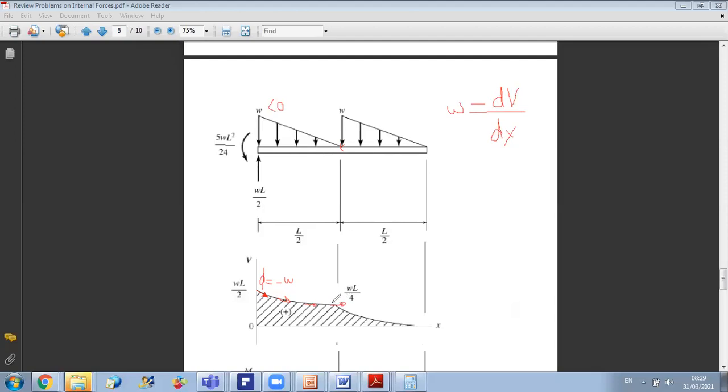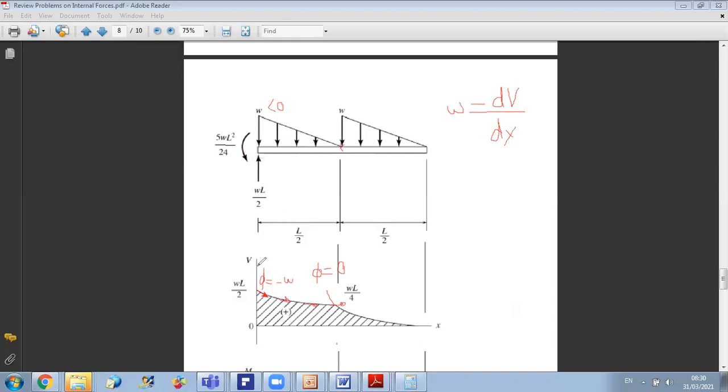I end up at this point with a slope equal to 0. The value of omega gives you the slope at each point, and since it's a downward force, I am dealing with a decreasing shear.